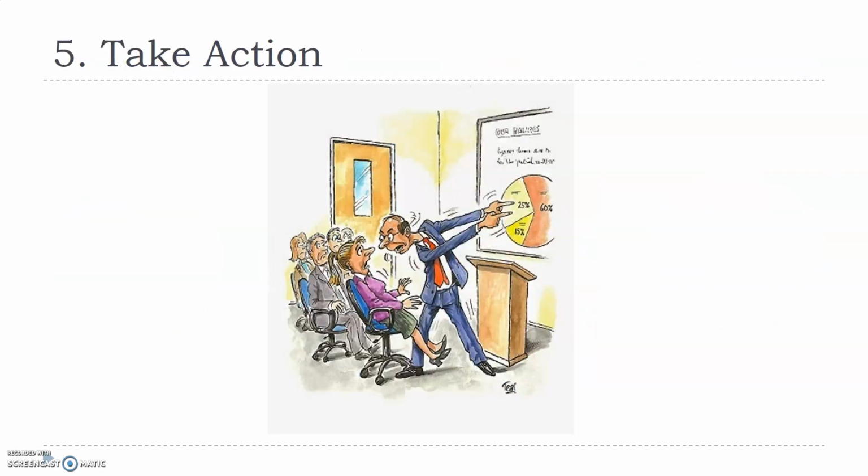Next one is taking action. Taking action, like I said, is mostly relevant in business research, and may not be relevant in academic research. Like the question we discussed: let's say I add a frequently asked questions option on a website, and my research told me that it will increase visitors by 25%.